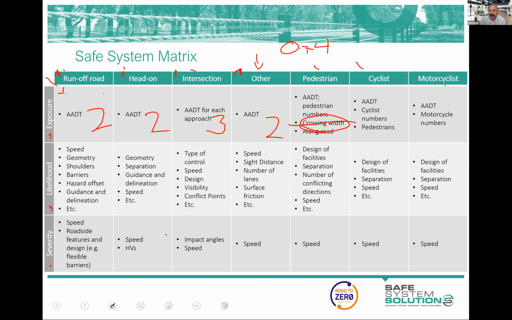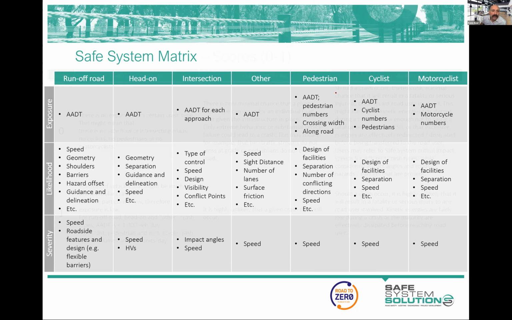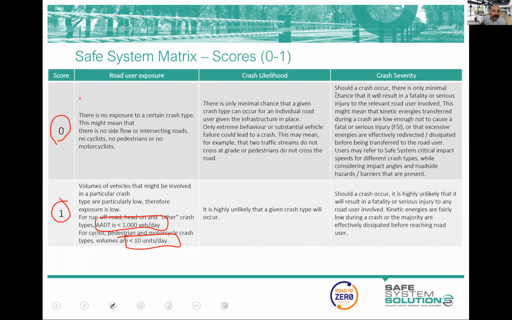Didn't see any pedestrians out there on site, but talking to people, we know there's a few people who walk the area occasionally, walk their dog. So we're going to give it a 1. We're going to say pedestrian volumes are very low, less than 10 units a day.